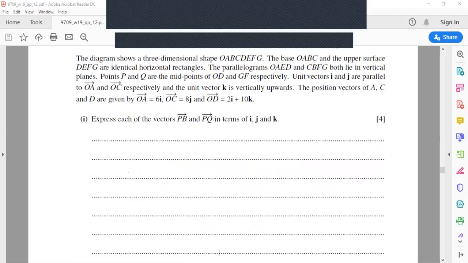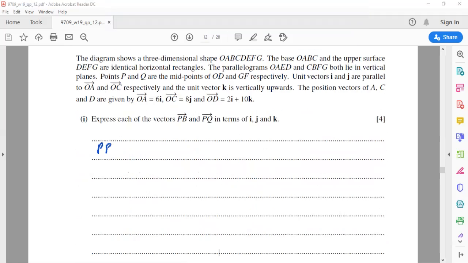So let's use this because it's given to us already. For finding PB, we have a path PO, OA and AB. Now PO is actually half of this, but the opposite side, so it's going to be minus i minus 5k.